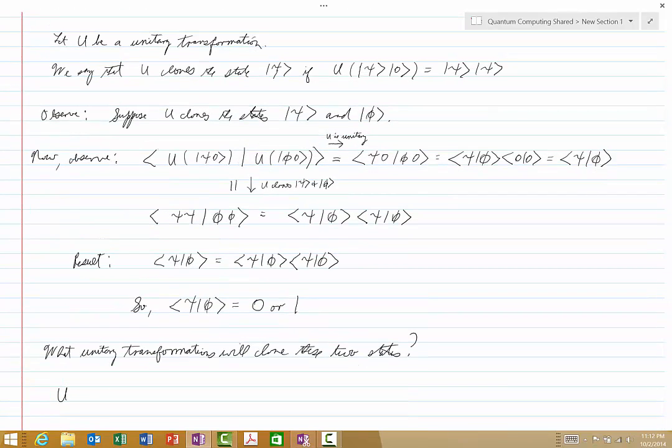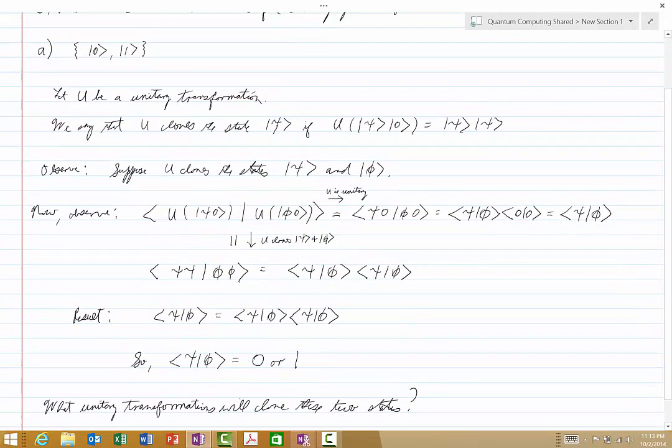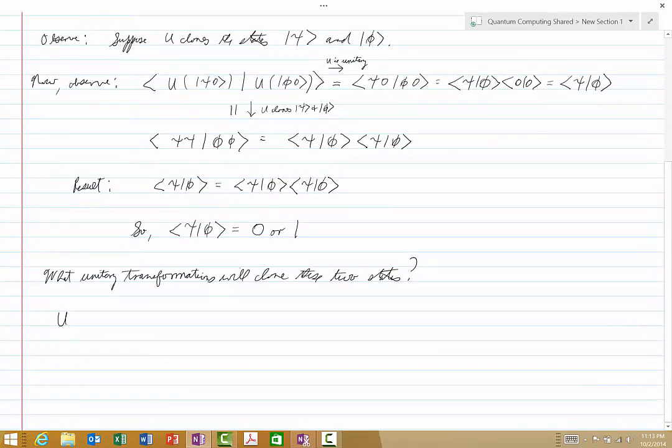The transformation will clone 0 and it will clone 1. All we know is that U clones 0 and U clones 1.